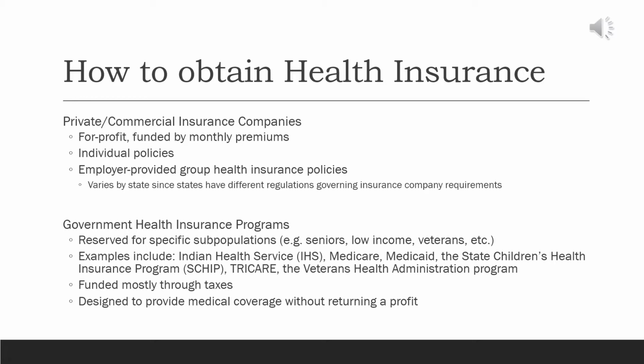Now, these programs are funded mostly through taxes, and they're designed to provide medical coverage without gaining a profit for themselves. So unlike the commercial insurance companies, these government health insurance programs don't turn a profit.